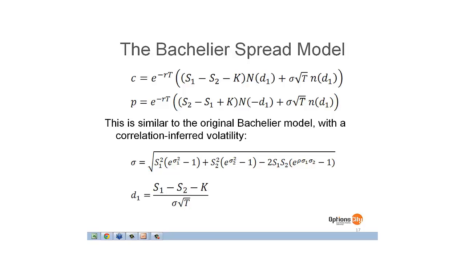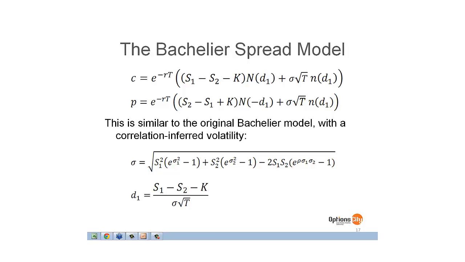So now the underlying is the spread itself. Likewise, the strike minus the spread for the put. So this is all pretty much exactly the same formula. What is different is that the volatility is using that correlation formula, where we take a volatility from the first contract, a volatility from the second contract, and then the correlation component.